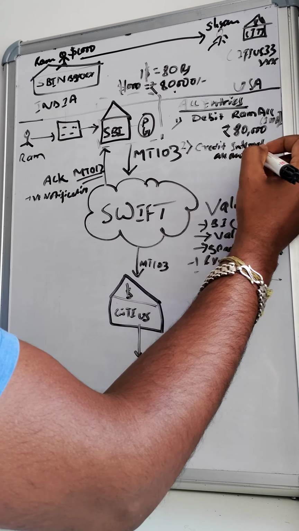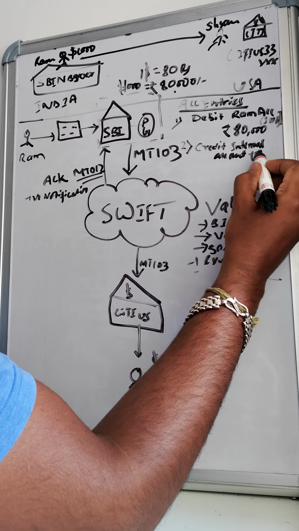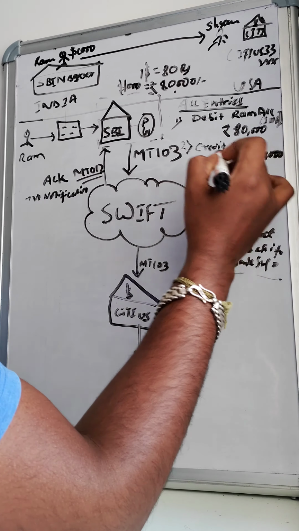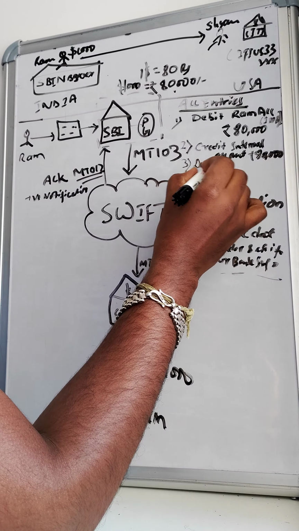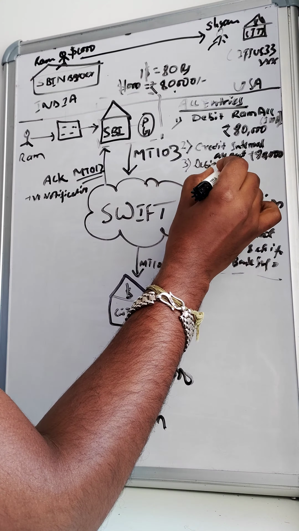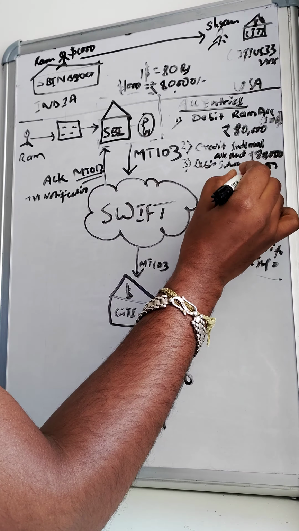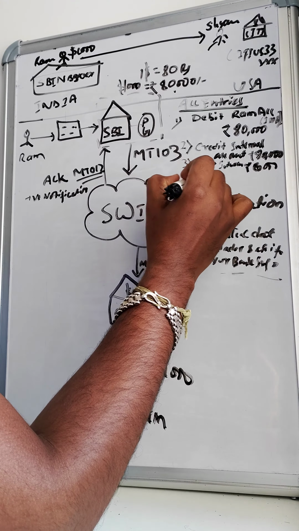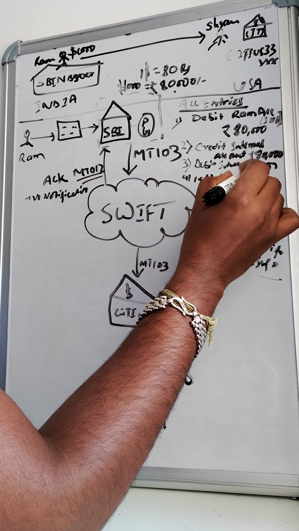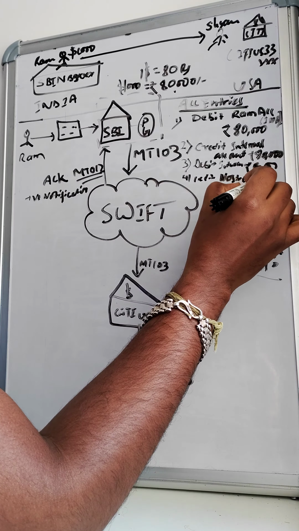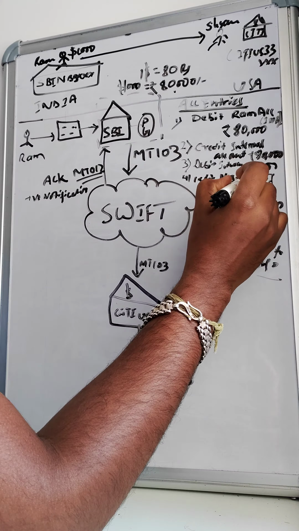And that is again 80,000 rupees, and then it will debit this internal account 80,000 rupees, and then credit the Nostro account of City US, right?